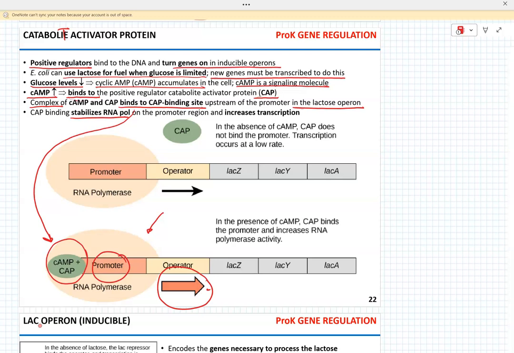You can ask yourself, what happens if cyclic AMP levels are low and CAP doesn't bind to its binding site? In this case, transcription will still occur, but the rate of it will be quite low.